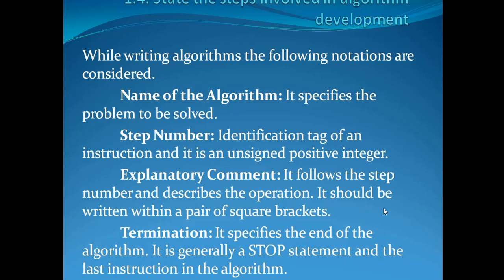And it should be written within a pair of square brackets. So whatever we write in square brackets are the explanatory comments. The comment explains the step, what operation the step is going to do.